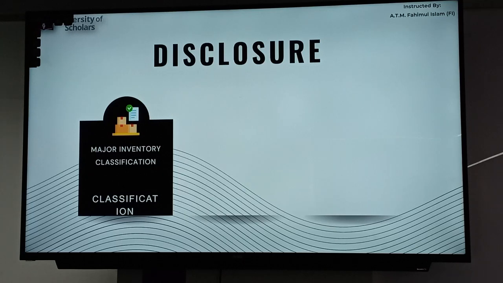We should explicitly mention in our annual reports which one is what, and the measure and classification should be mentioned.